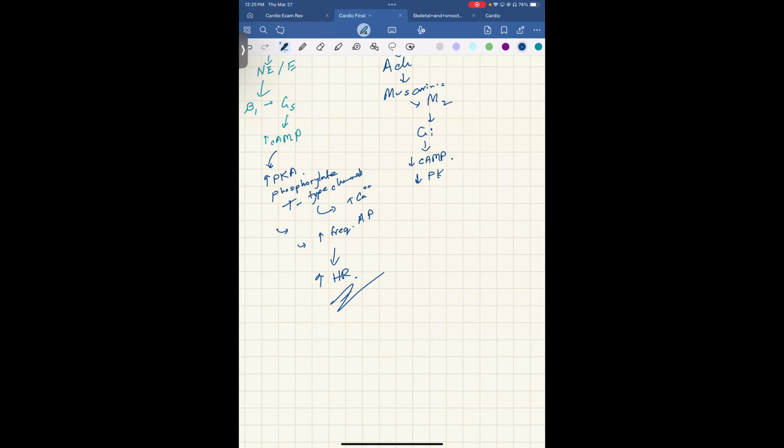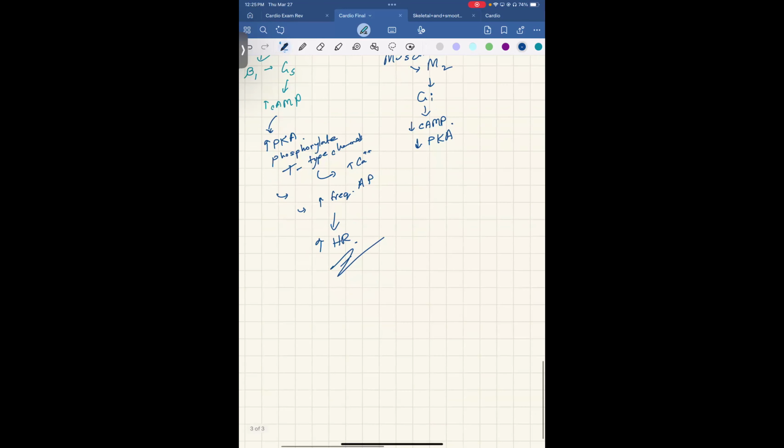So decrease the phosphorylation by PKA, basically the opposite. So would decrease the I-funny conduction, and that would decrease the frequency of action potentials, decrease heart rate.